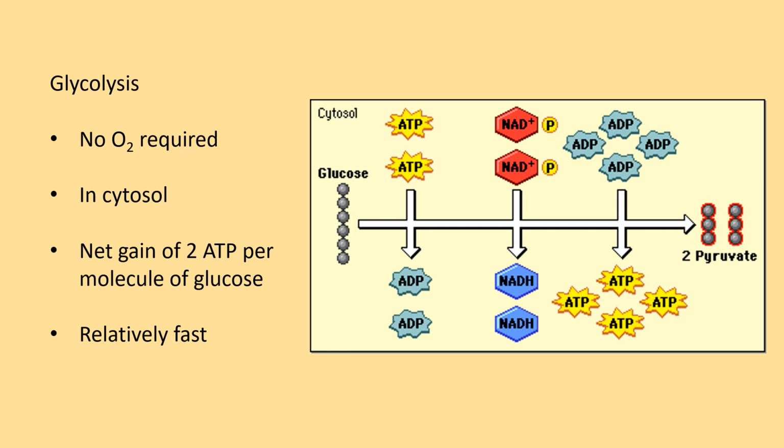And then we also see that 4 new molecules of ATP are generated in the process of glycolysis. So now I'm looking at the right side of the diagram, where we have 4 molecules of ADP being input and 4 molecules of ATP being generated as output.